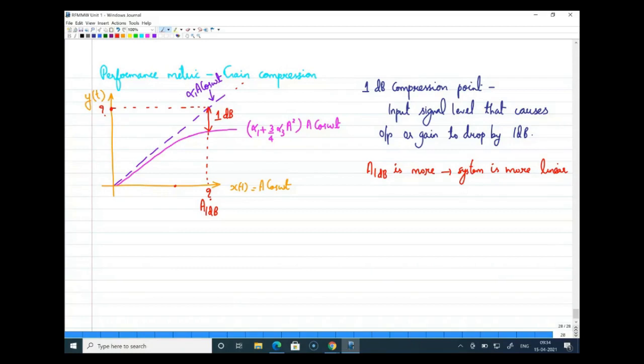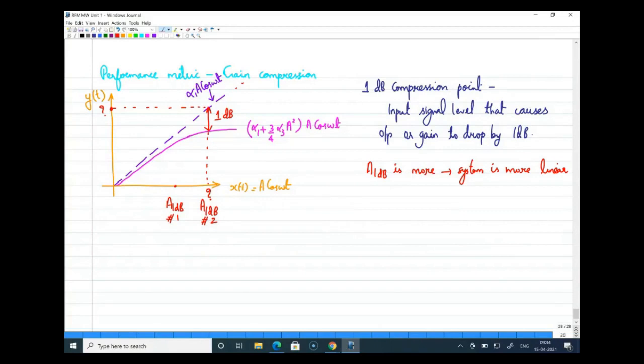Is my question clear? Yeah, alpha 3 more negative, I understand. See, there are two systems. One has a 1 dB compression point here. This is the 1 dB compression point of system number 1, and this is the 1 dB compression point of system number 2.